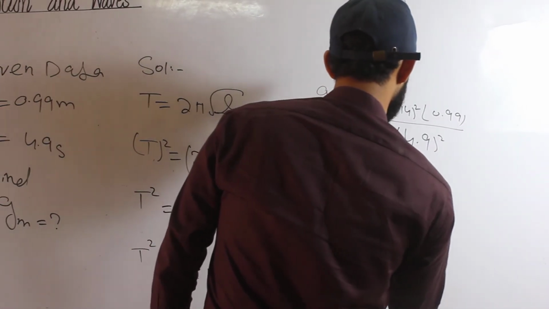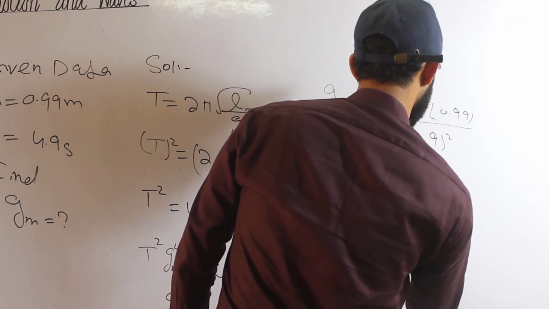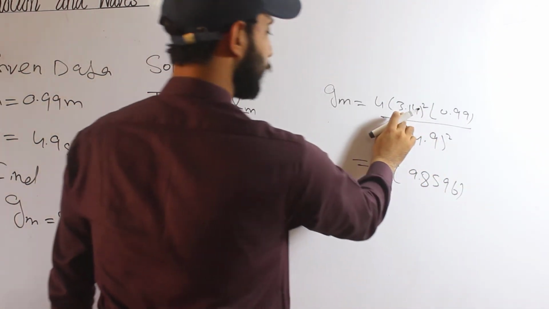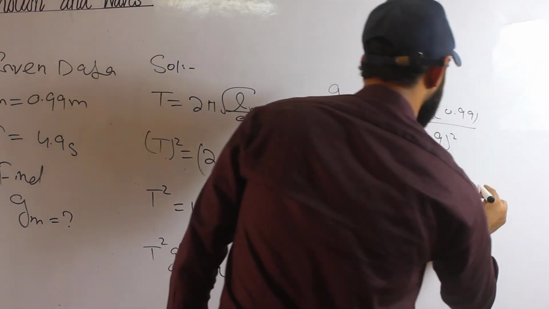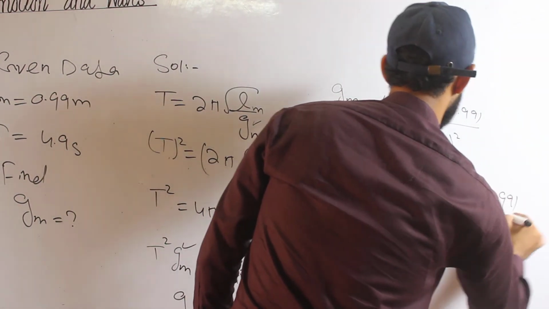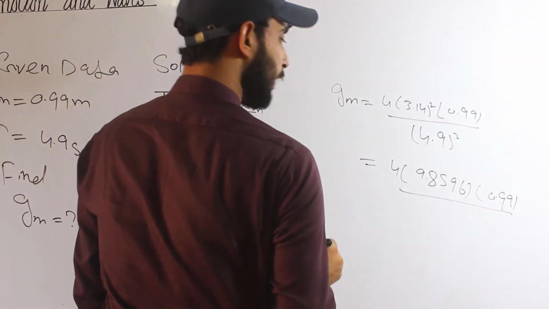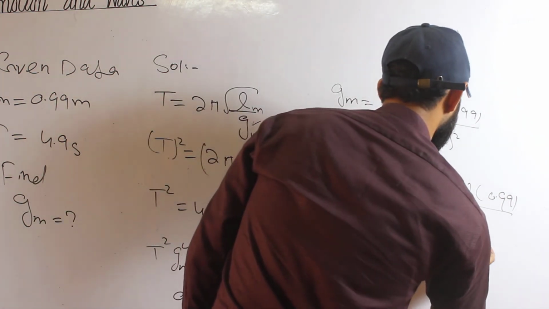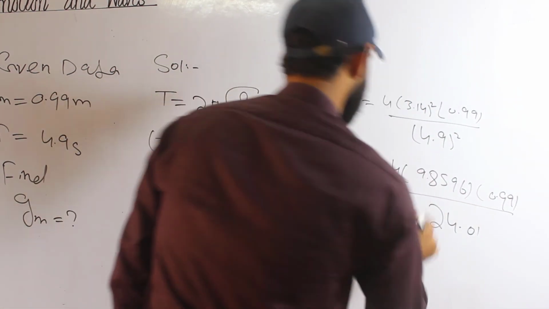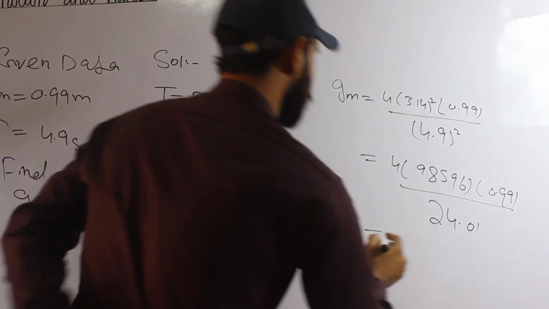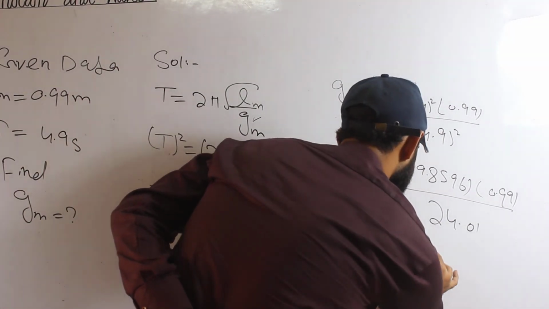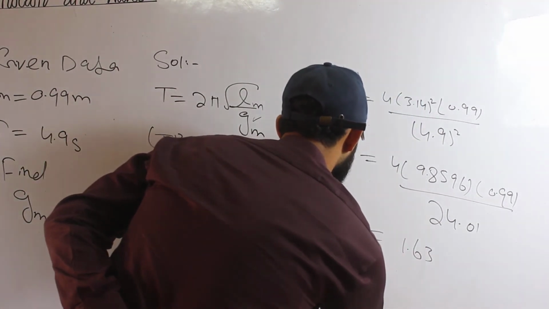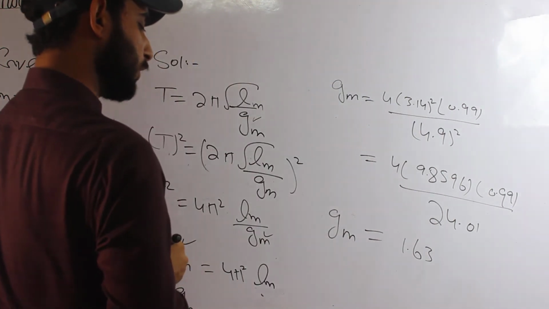So 4 times 9.8596, taking the square of 3.14, and 0.99, over 4.9 square, which will be 24.01. So solving all of these, we will get 1.63, and we have found the value of g on the surface of the moon.